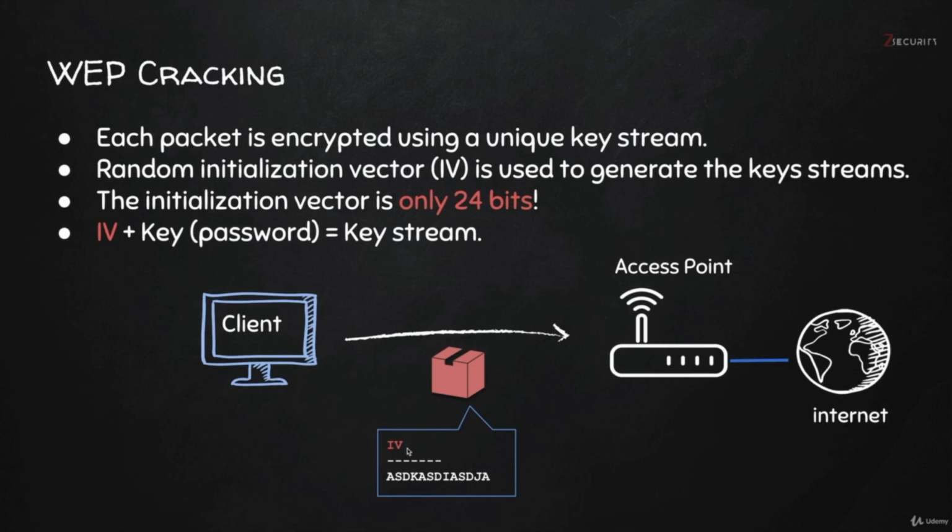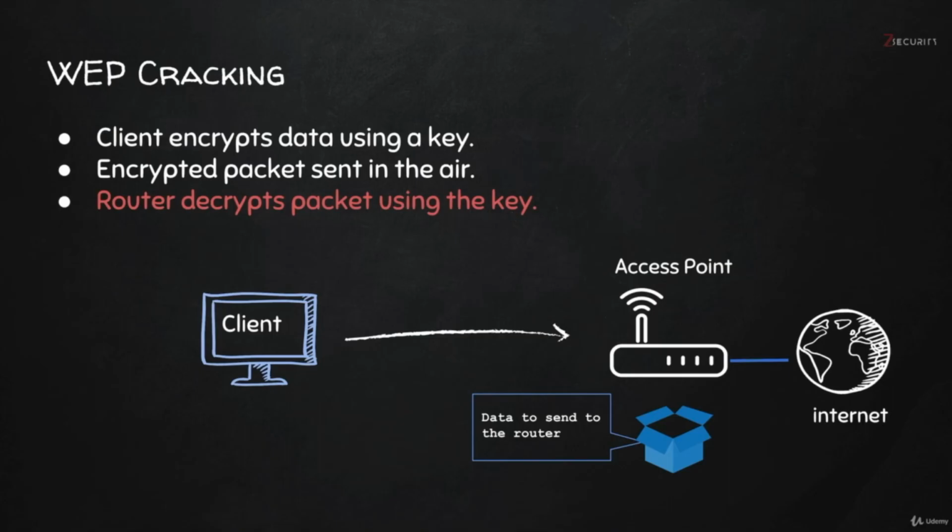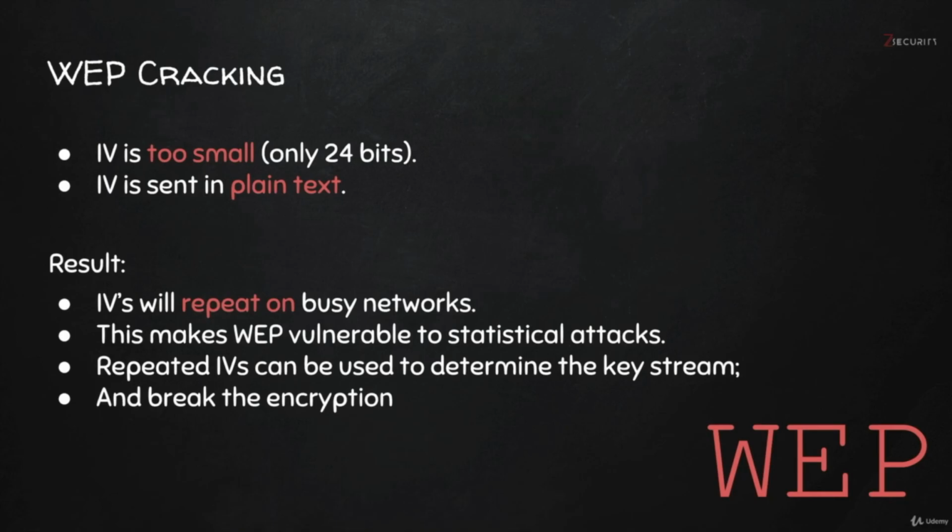If you look at this, you can see the packet content is encrypted. So if someone captures this packet, they won't be able to read this, but they will be able to read the IV in plain text. Also, the size of the IV is only 24 bits. Now, considering the huge amount of traffic that can be generated on a Wi-Fi network, this number is not big enough, and the IVs will start getting repeated in a busy network.